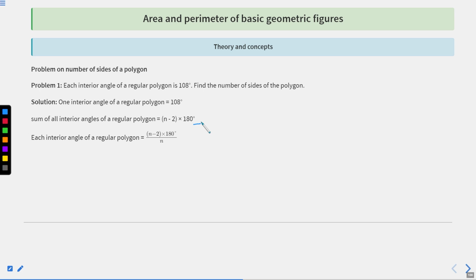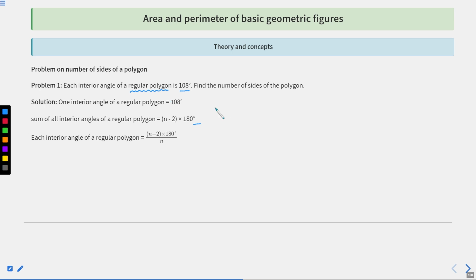That is known to us, correct? And we are interested in finding the value of n. Now, it is given that each interior angle is 108 degrees, and since it is a regular polygon, we can do what I am about to do. If this polygon was not regular, we would not be able to.